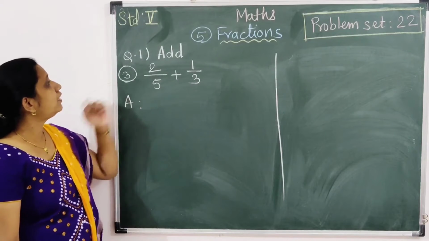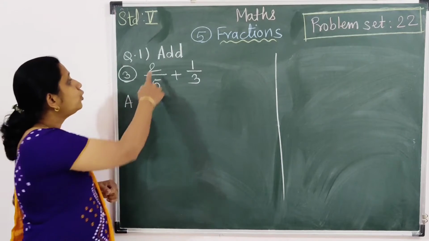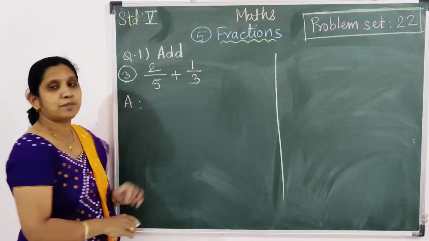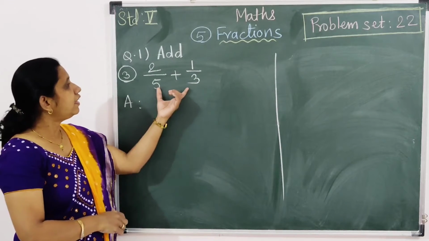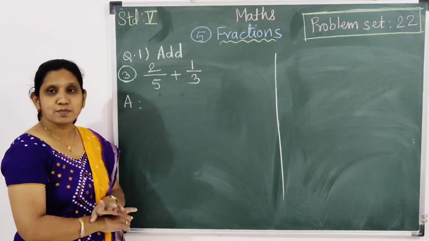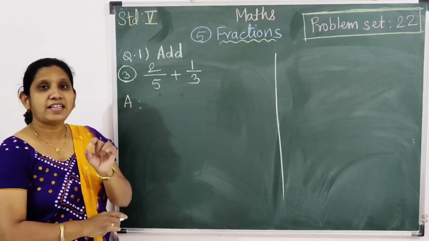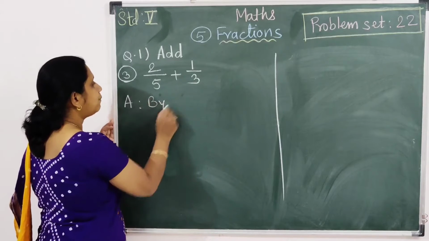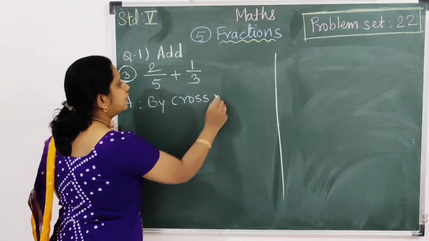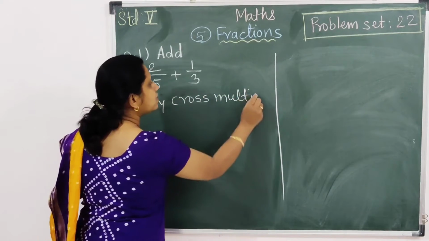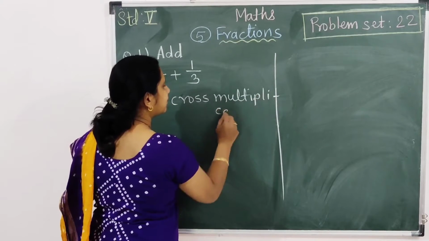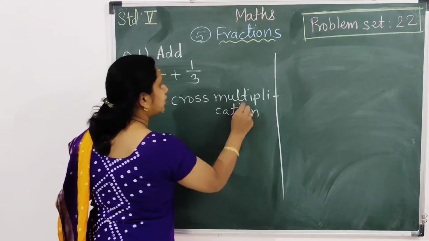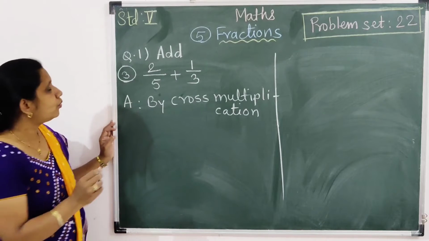See here, students, the third example is given: 2 upon 5 plus 1 upon 3. Here in the denominators no number is a multiple of the other. Then there is one more method, by cross multiplication. So what to do?